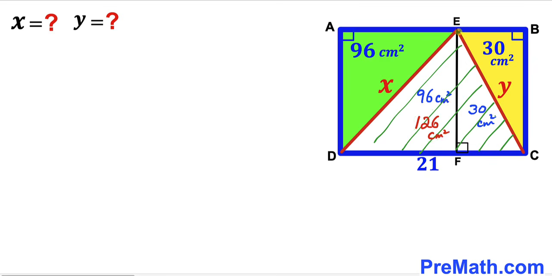Here's our next step. Let's label this perpendicular EF as our height h, and now we are going to calculate the value of h.